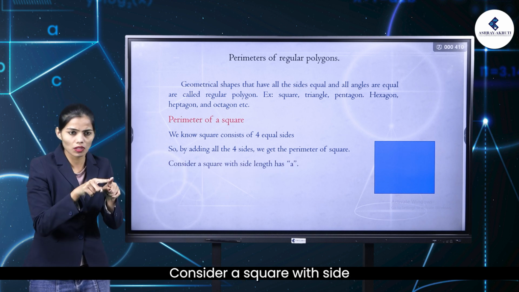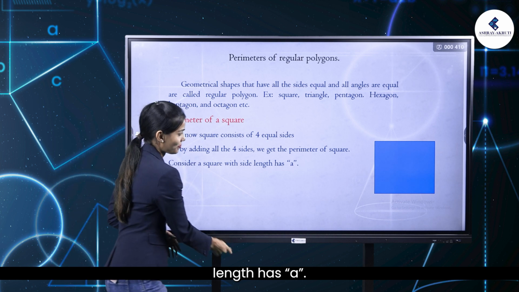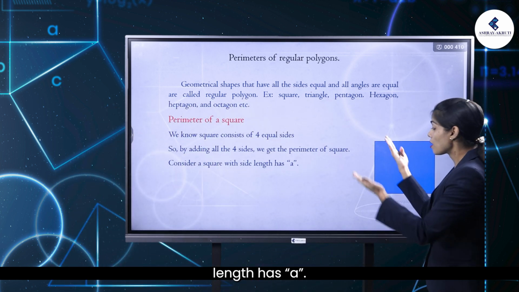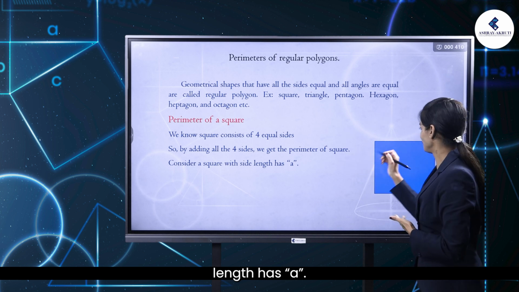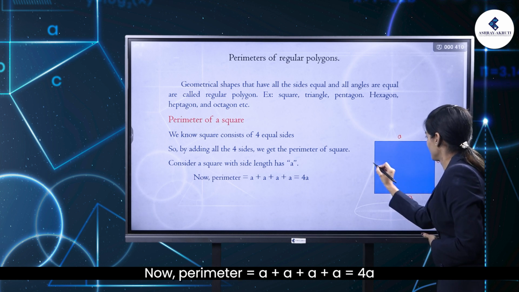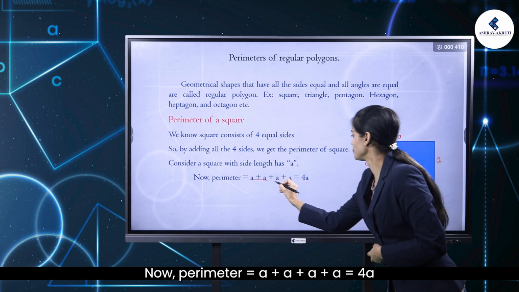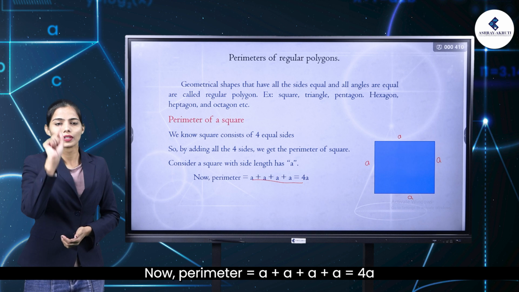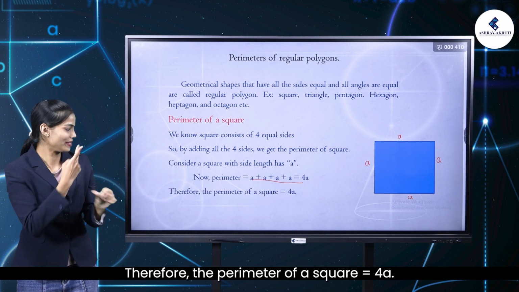Consider a square with side length as A. Now, perimeter is equal to A plus A plus A plus A, is equal to 4A. Therefore, the perimeter of a square is equal to 4A.